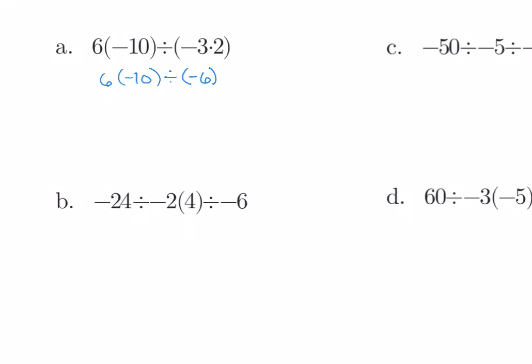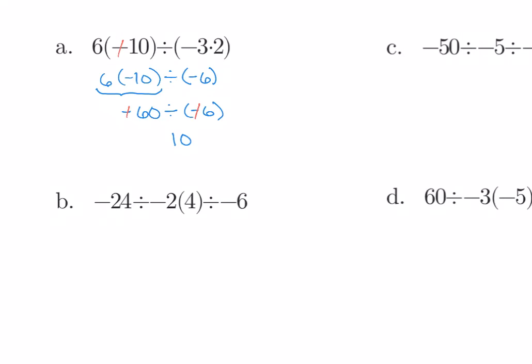From there, I want to multiply and divide from left to right. So we get 6 times negative 10 is negative 60. Divide by negative 6, and we get 10. It is going to be a positive 10 because my negatives cancel.